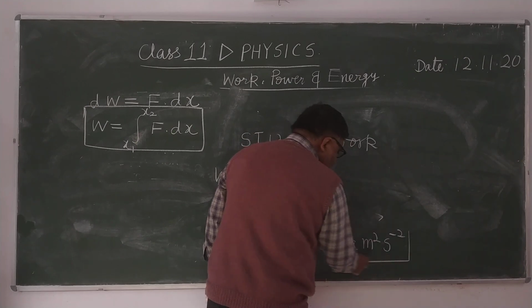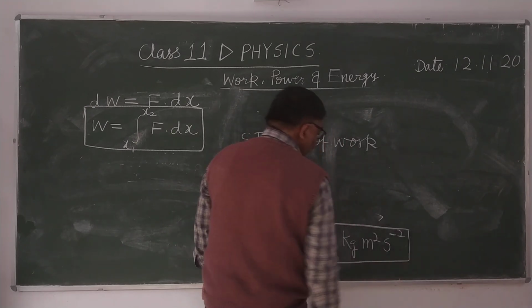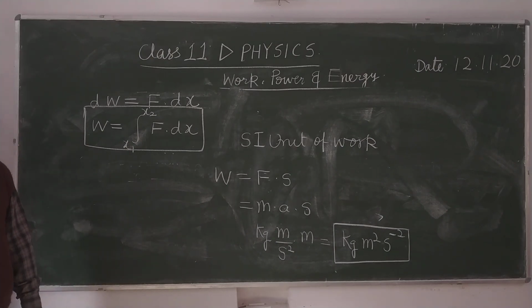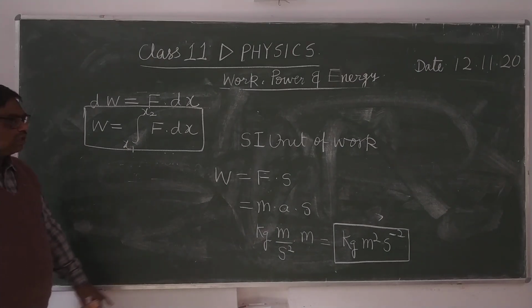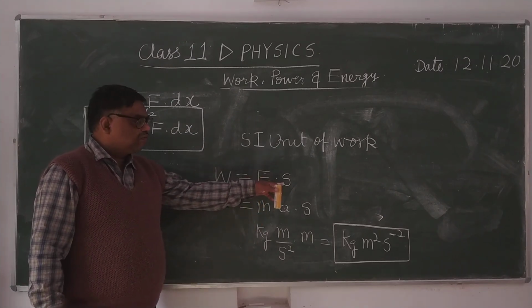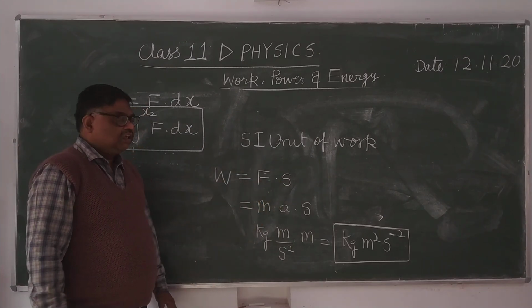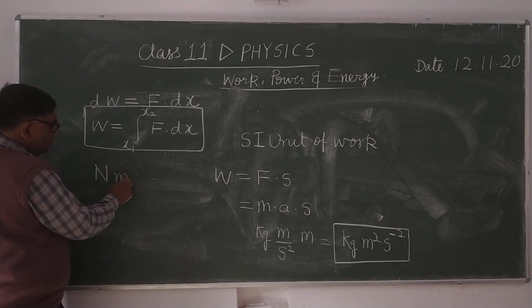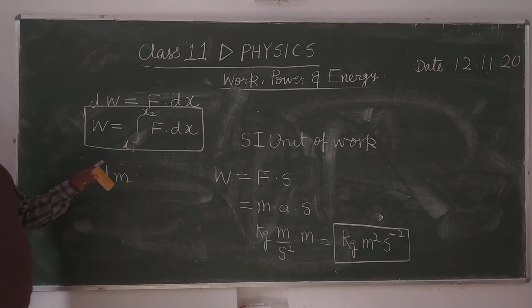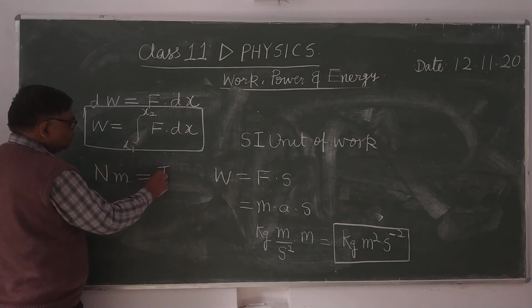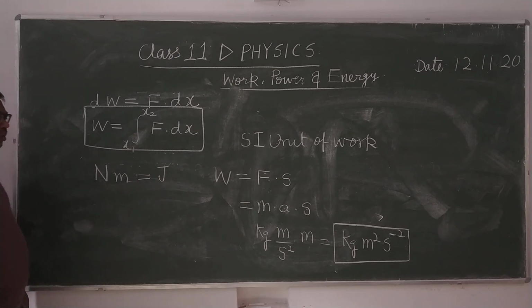Now if you see the SI units, what is the SI unit of force? It is Newton. SI unit of displacement is meter. So it is Newton meter, and another name has been given to it, Joule. It is clear?